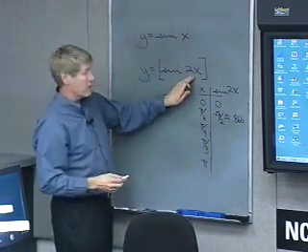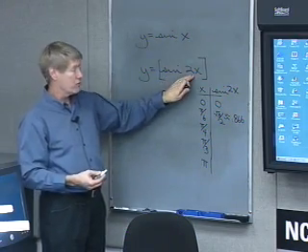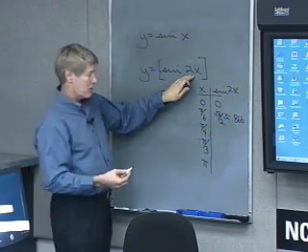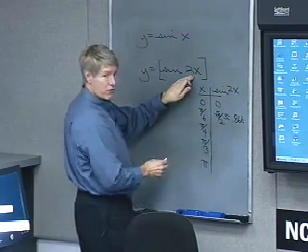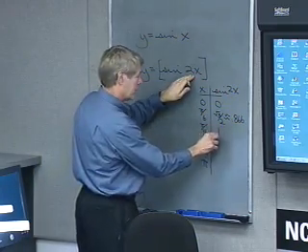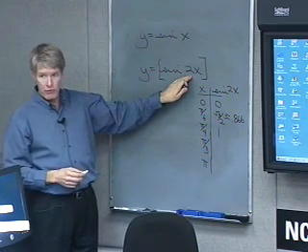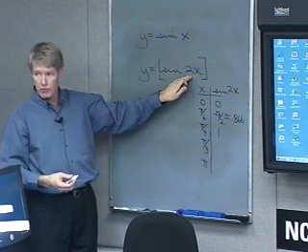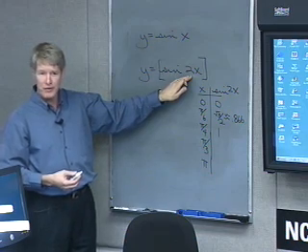Pi over 4 doubled is 2 pi over 4, or pi over 2. What's the sine of pi over 2? Pi over 2 is the equivalent of 90 degrees. 1, right? Pi over 3 doubled is 2 pi over 3. That's the degree equivalent of 120. I'm glad I chose sine, a little sine review here.